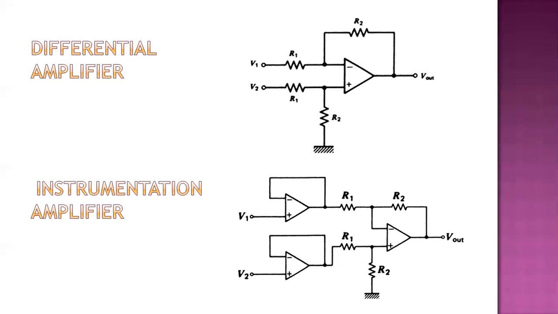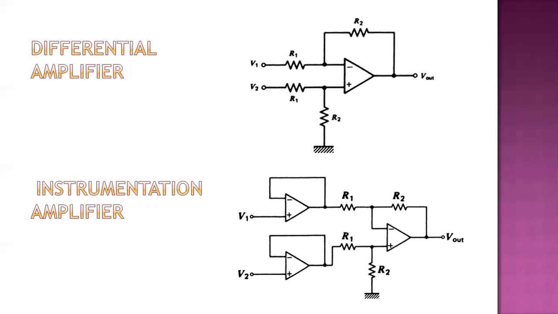One more thing, the disadvantage of this is that its input impedance is not very high, and further it is not the same for the two inputs. For this reason, voltage followers are often used on the input to provide high input impedance, and the result is called an instrumentation amplifier.